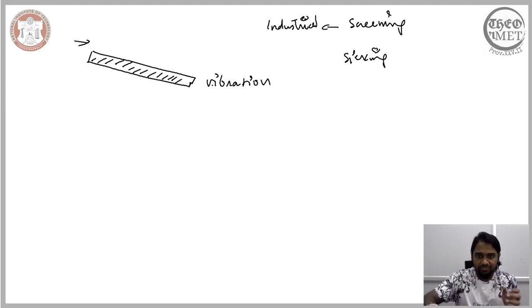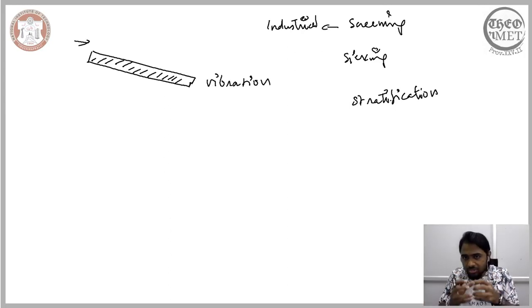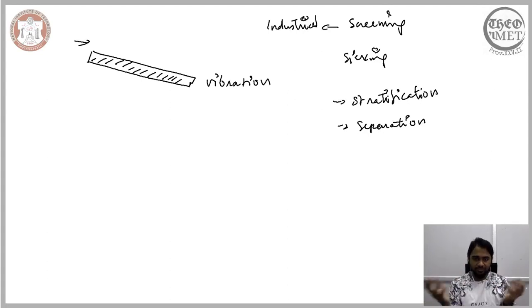Stratification involves the interaction among the mixture of particles that is fed onto the surface of the screen, whereas separation is the interaction between the particles and the surface of the screen that comprises apertures or openings.